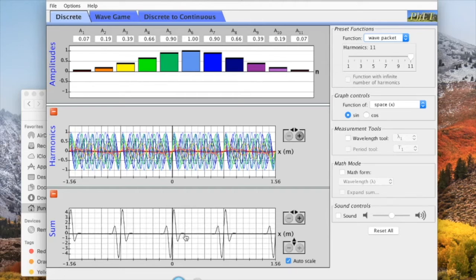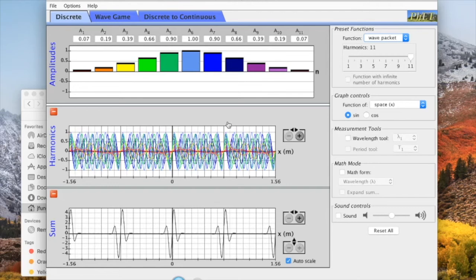We still get this bloop, bloop repeating periodically. So we haven't yet solved the problem, but maybe we can see how to get closer by adding up more than two sine functions of different wavelengths. Okay, so how do we get something that's really localized and not periodic?